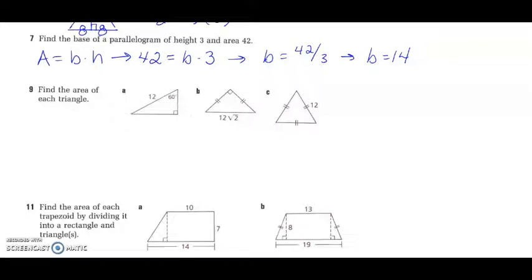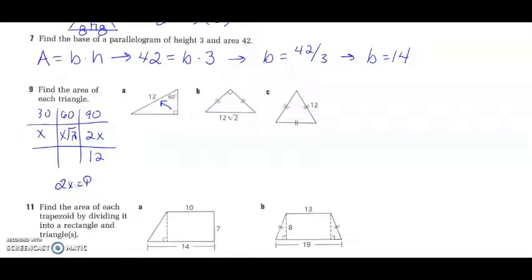Find the area of each triangle. In this first example, we see that we have a 30, 60, 90 triangle. So I'm going to go ahead and set up my tic-tac-toe board. Recall that the ratio of the sides is x, x root 3, and 2x, and the side across from 90 degrees is 12.